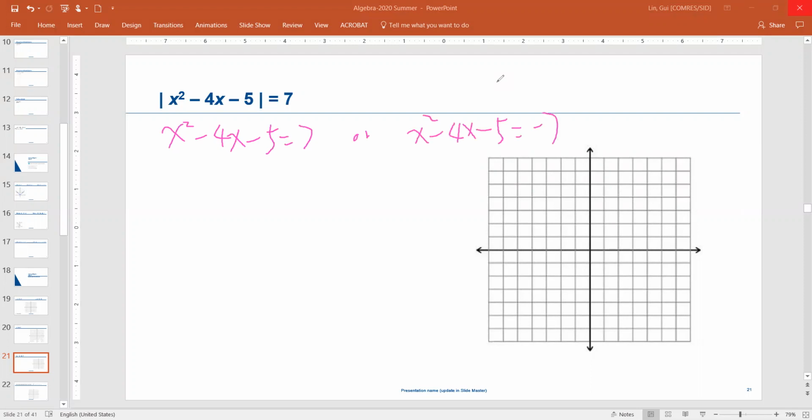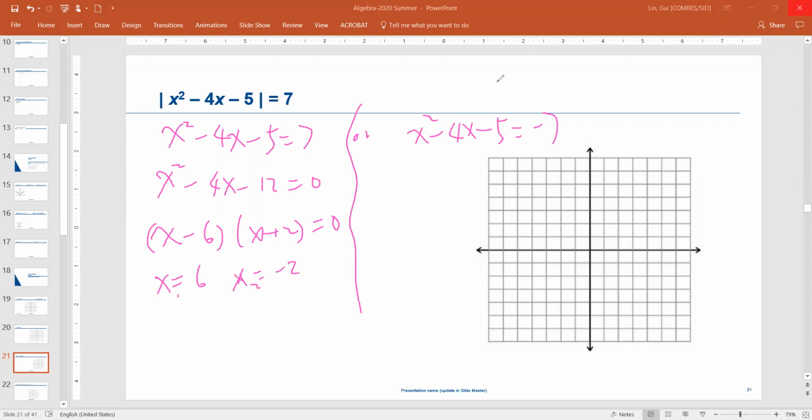The inside value can make 7 or negative 7. So when you get 7, you get x squared minus 4x minus 12 equals 0, right? So you can use the factor method. 2 and negative 6, right? You can get it here. So x is 6 or negative 2, right?